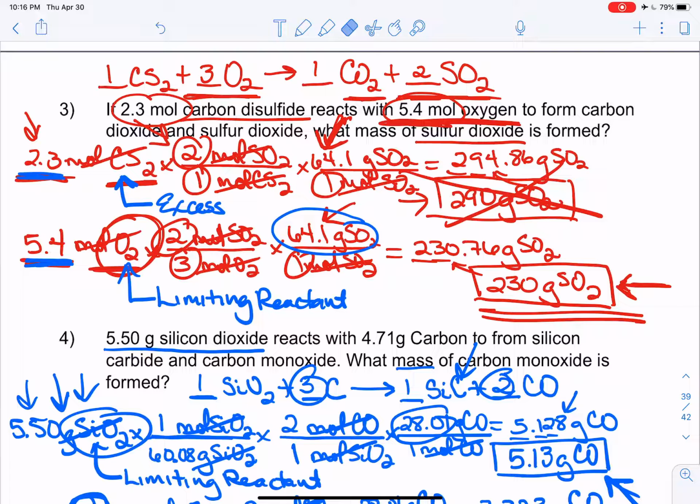So on question 3, we were limited to 230 grams of SO2 right there, and we couldn't make 290. But also 230, that is the theoretical yield. So in theory, this is the most that we can make.